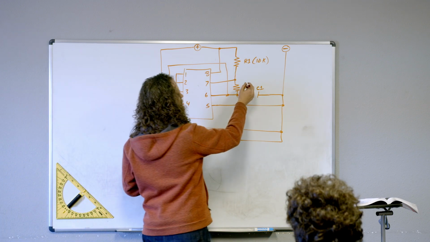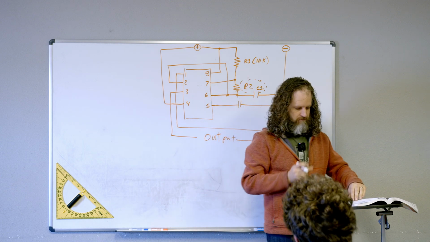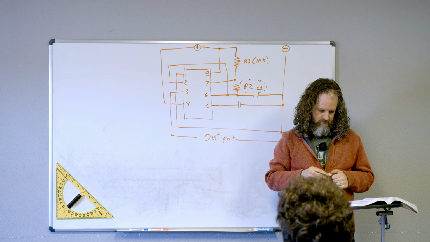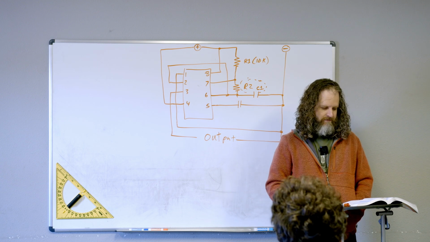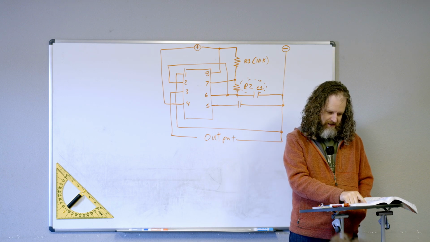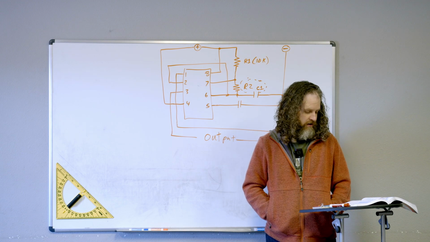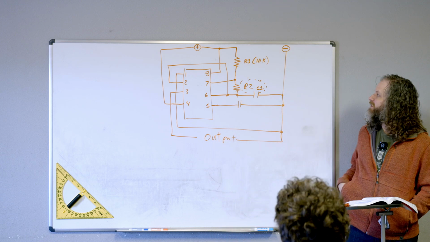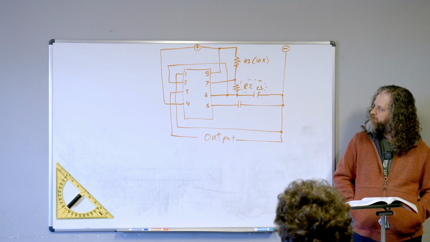These two are the ones that set your frequency. In this circuit, it's 10 microfarads. So if you want it to be faster, you need to either decrease that one or decrease the R2, which is the variable resistance.